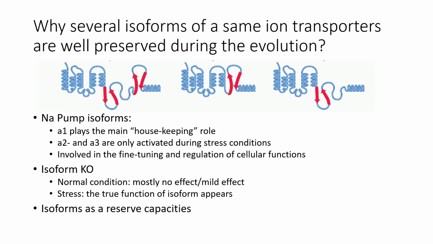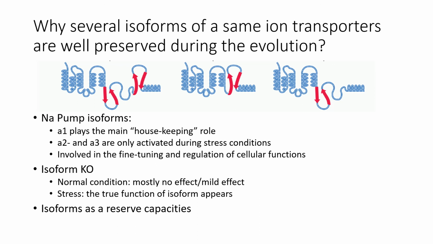In terms of sodium pump isoforms specifically, the general consensus in the field is that alpha-1 plays a main housekeeping role, and alpha-2 or 3 are only activated during stress conditions, or they are involved in the fine-tuning and regulation of cellular function other than ion transport.